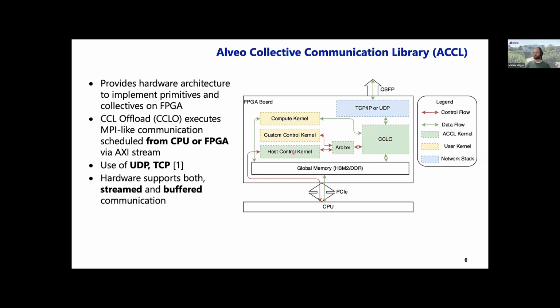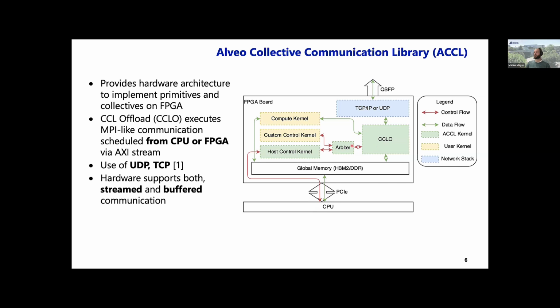This host control kernel is then indirectly usually scheduled on the CPU by using the provided C++ API for ACCL. And this C++ API already implements calls like, as I said, send, receive, or also collectives like broadcast, reduce, and so on. And these calls will then be forwarded to the CCLO.